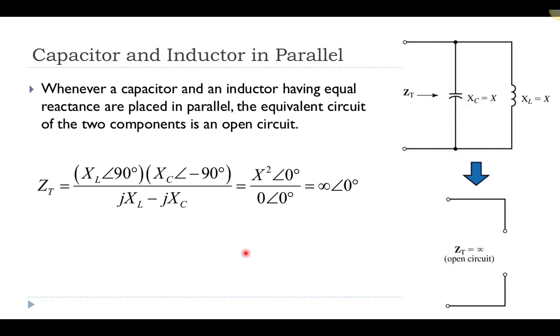Because the impedance is measuring how much those components resist the flow of electricity. That impedance value goes to infinity, and an open circuit is equivalent to an infinite resistance. You can't have any current flowing through it. So we do have to keep that in mind when connecting components in parallel, that we can actually produce an open circuit under certain circumstances.